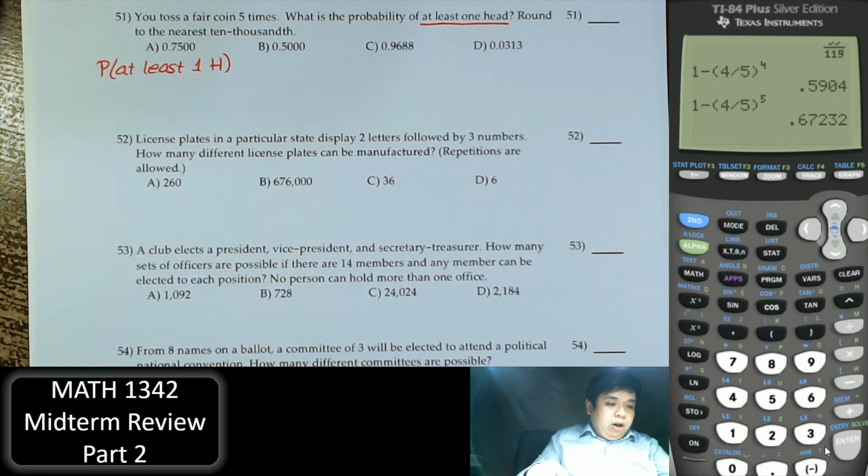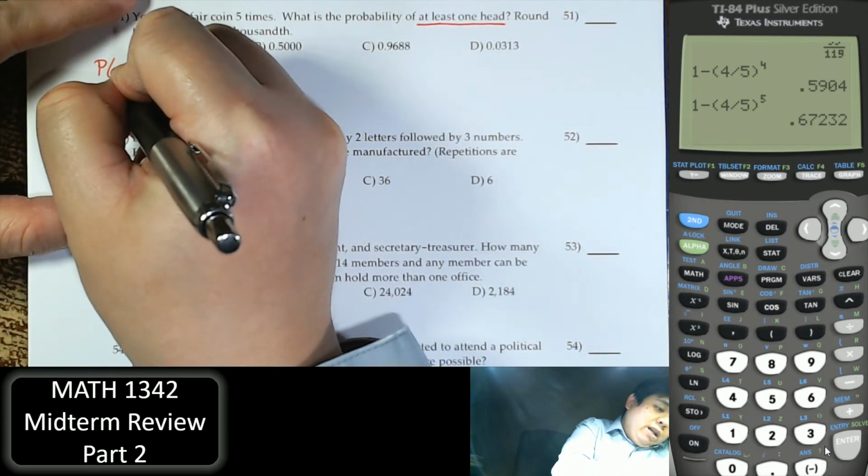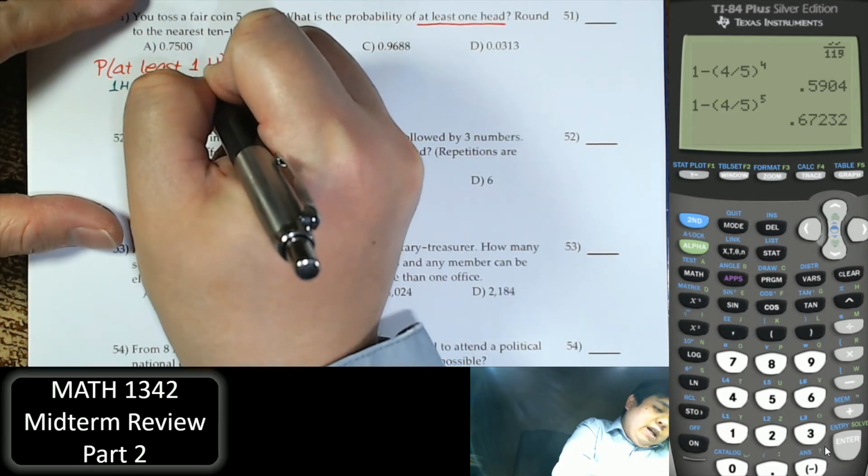So a coin is tossed 5 times, so at least one head. It would be 1 head, 2 heads, 3 heads, 4 heads, and 5 heads.